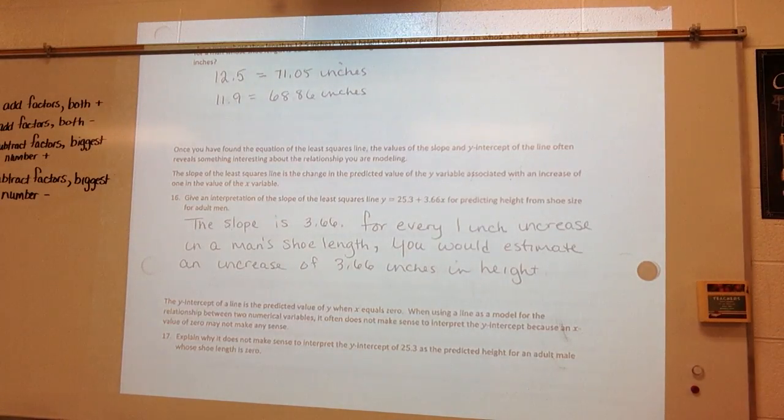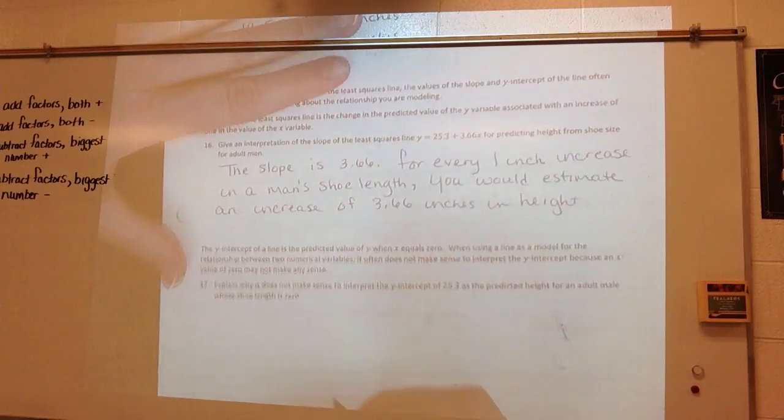Explain why it does not make sense to interpret the y-intercept of 25 3/10 as a predicted height for an adult male whose shoe length is 0. Well, since x represents the shoe length, it is impossible for shoe length to be 0 inches when a man is 25 3/10 inches tall.